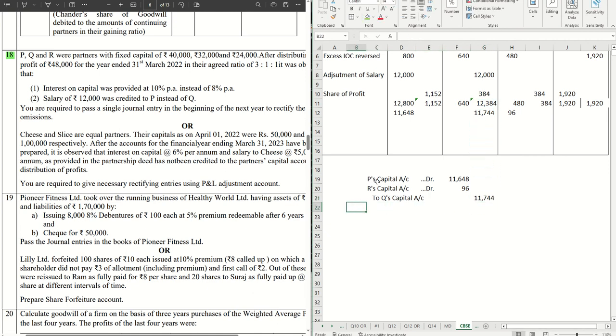Okay, the narration will be straightforward again, being adjustment entry for excess interest on capital and incorrect salary allocation, right?